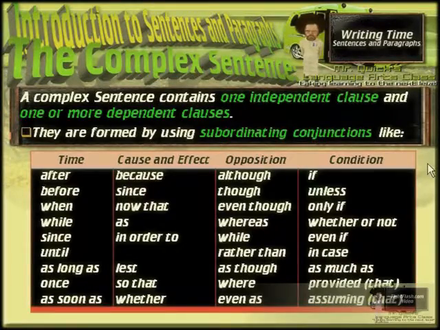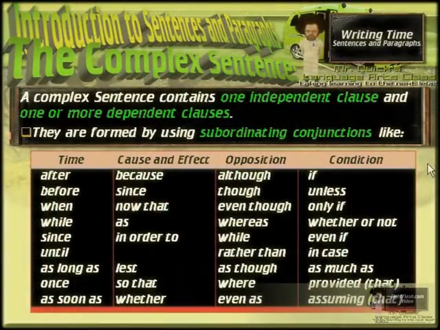So we have independent clause, subordinating conjunction, then another independent clause. The subordinating conjunction completely changes the meaning of the independent clause that comes after it. And how does it do it in general? It forces that independent clause to become dependent on the clause before it or the independent clause after it.